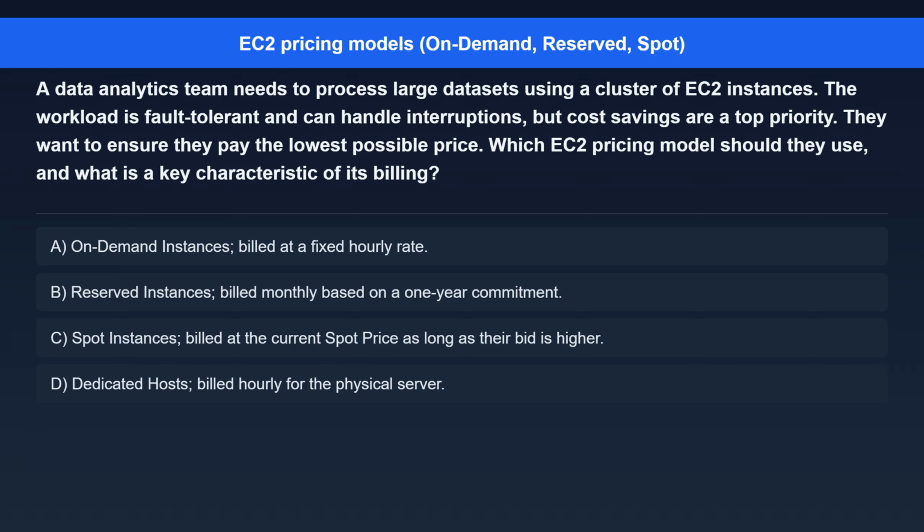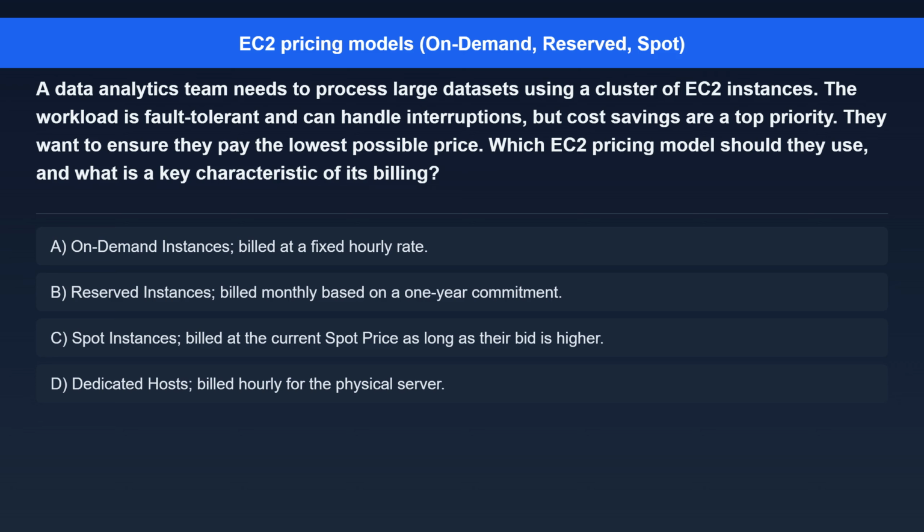Question 6. A data analytics team needs to process large data sets using a cluster of EC2 instances. The workload is fault-tolerant and can handle interruptions, but cost savings are a top priority. They want to ensure they pay the lowest possible price. Which EC2 pricing model should they use, and what is a key characteristic of its billing?